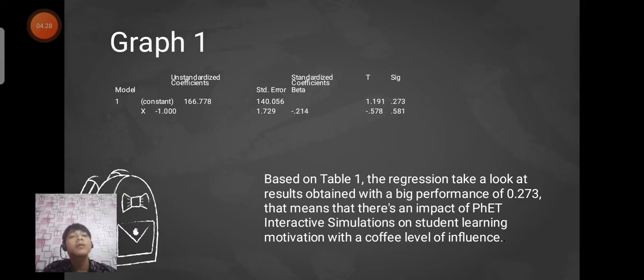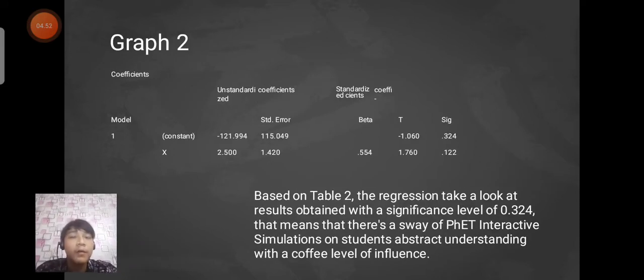We start with table 1. The regression test result obtained a significance of 0.27300. That means that there is an impact of PhET interactive simulation on student learning motivation with a low level of influence.